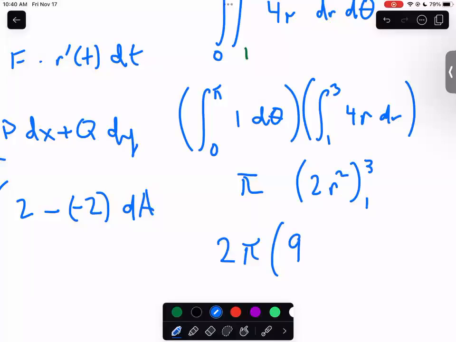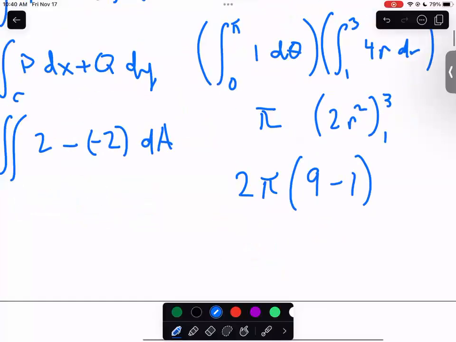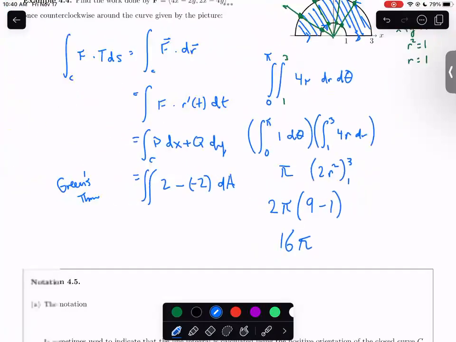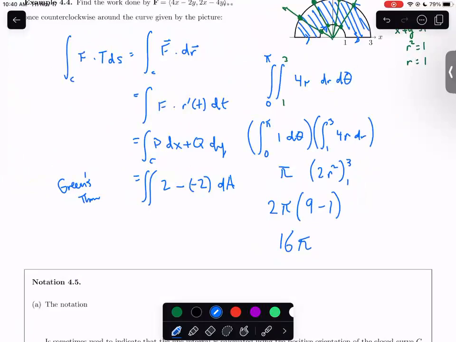So that's going to be 9 minus 1, so that's going to be 8. So 2 times 8 will be 16, and of course I've got this pi hanging around. That's the exact same answer as I got on the previous page, but it only took me very few steps, right? Very reasonable to be done now on a quiz or an exam.